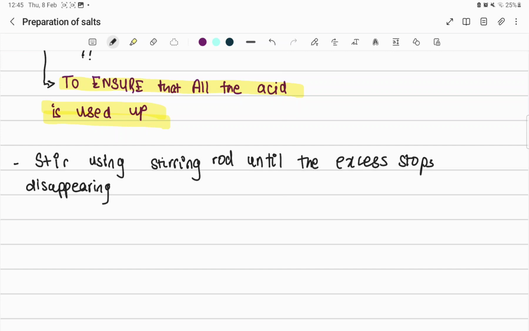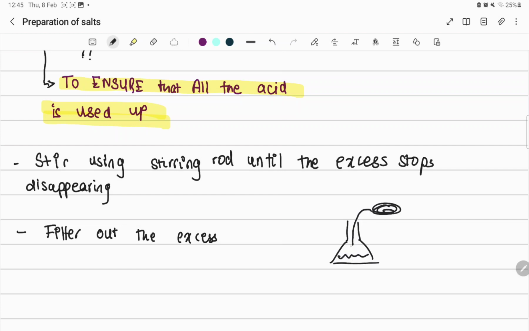Now after that, you need to filter out the excess. What do I mean by that? Basically, here's the sulfuric acid, and you're adding a lot of copper 2 oxide, more than the needed amount.